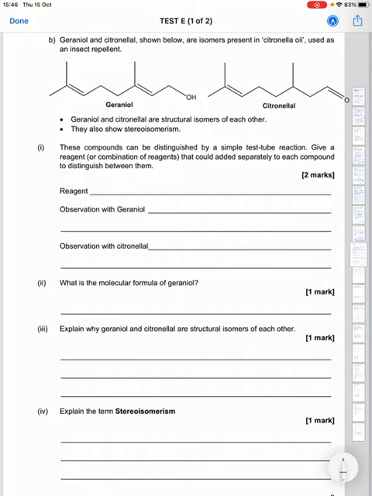next part. So we've got two molecules here, geraniol and citronellal. These compounds can be distinguished by a simple test tube reaction. So we need to have a look at the functional groups. So let's just label those. So I've got an alkene there, alkene over here, and then I've got a primary alcohol there.